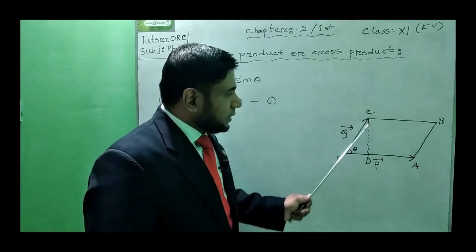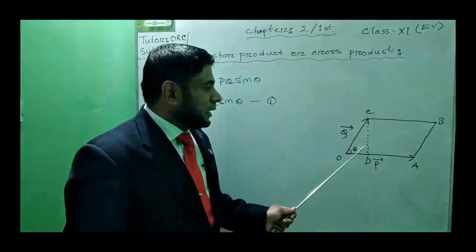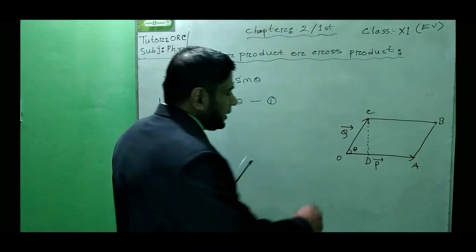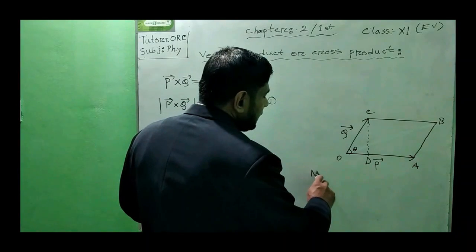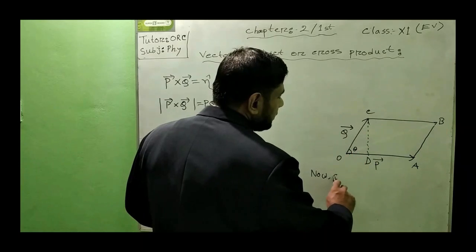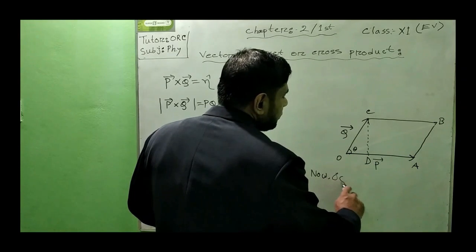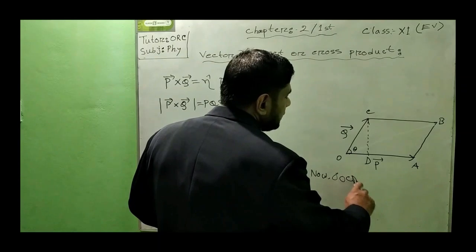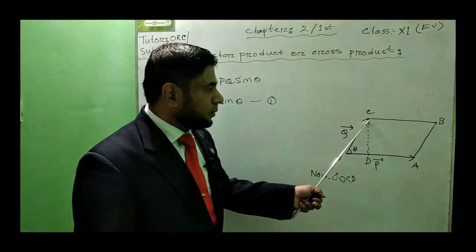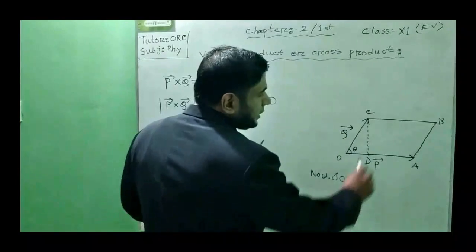Here we can easily see that CD indicates the height of this parallelogram. Now from the triangle OCD, we can easily find the value of the height CD.